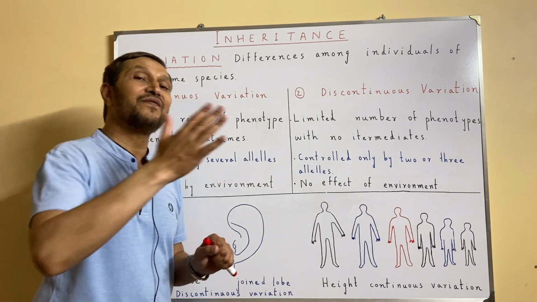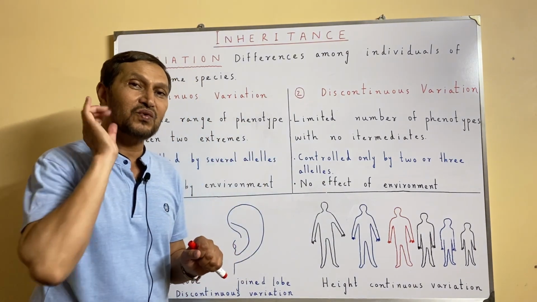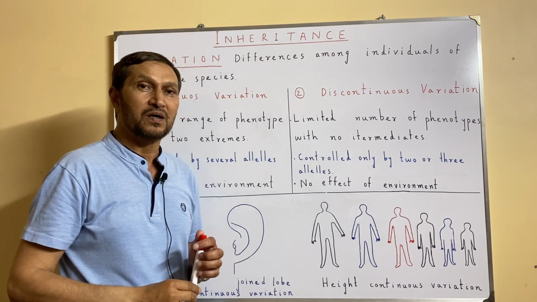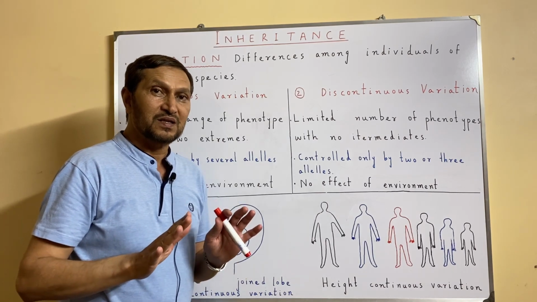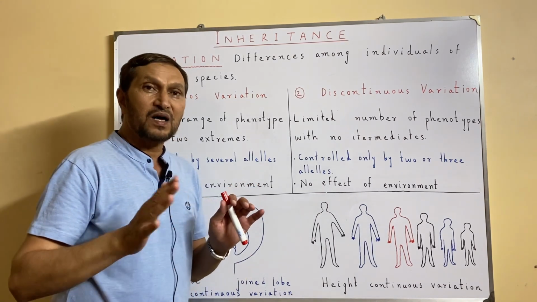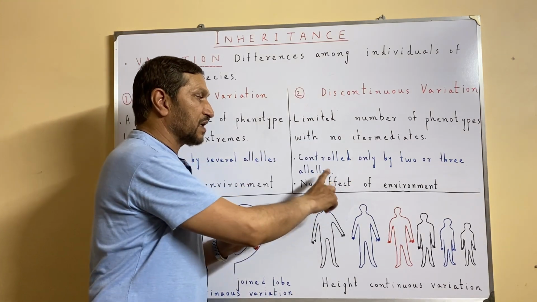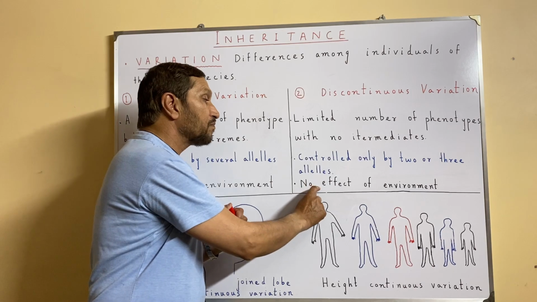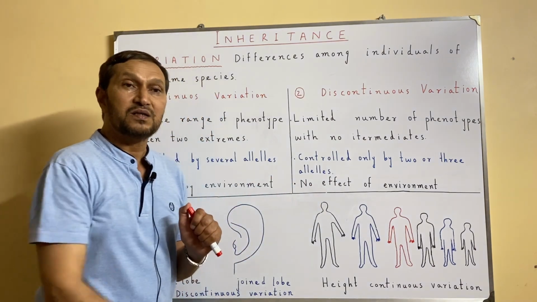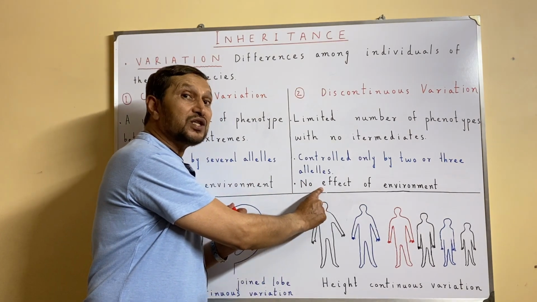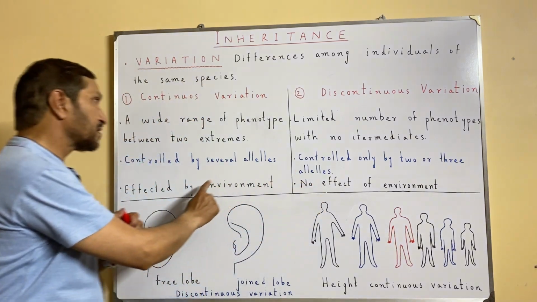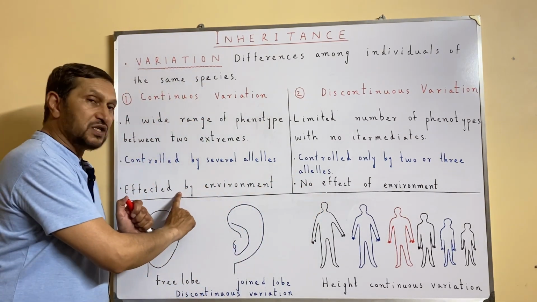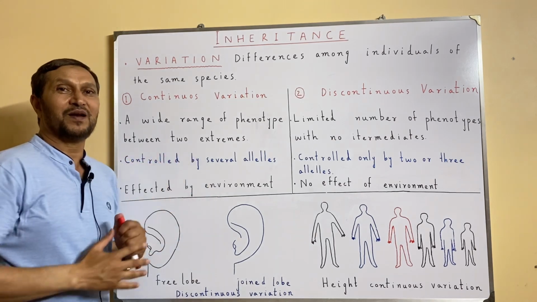It has no effect on blood group, and no effect on the shape of the earlobe. That's how we can say discontinuous variation is not affected by the environment. It is purely genetic, only controlled by the genes, whereas continuous variation is controlled by the genes as well as by the environment.